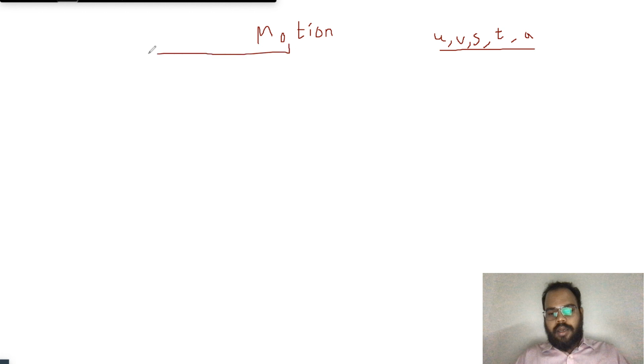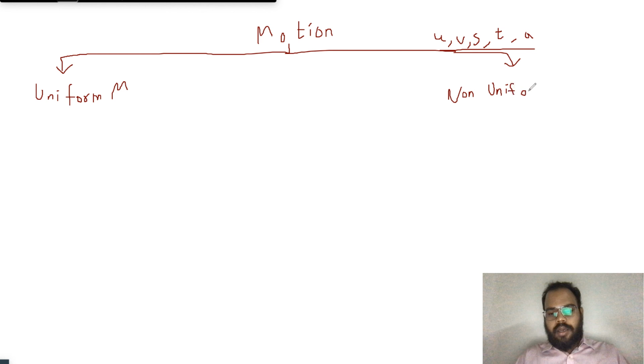In motion, broadly all motions are classified into 2 types: uniform motion and non-uniform motion. First part is your uniform motion, second part is your non-uniform motion.